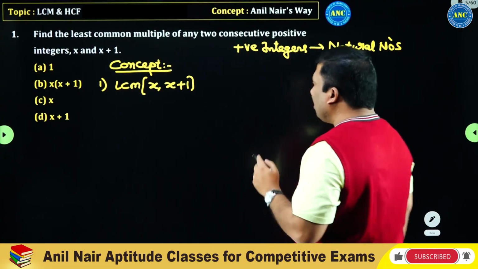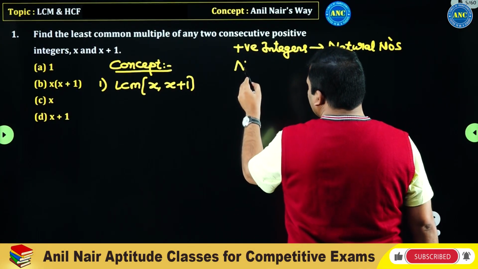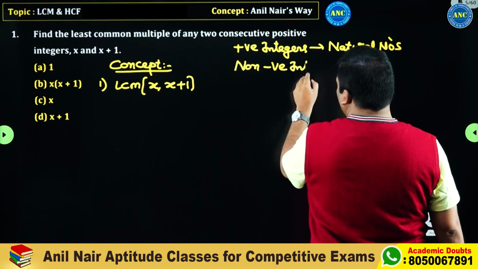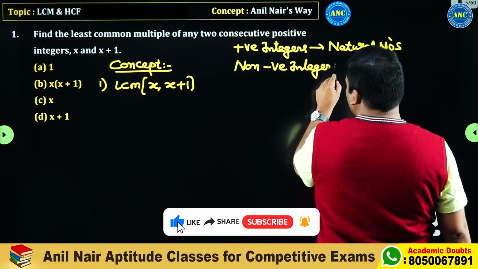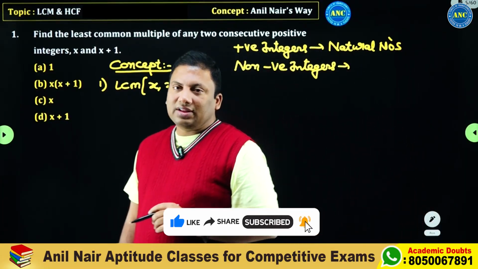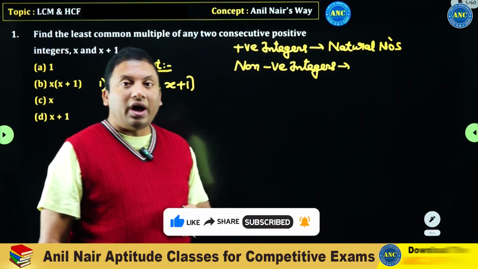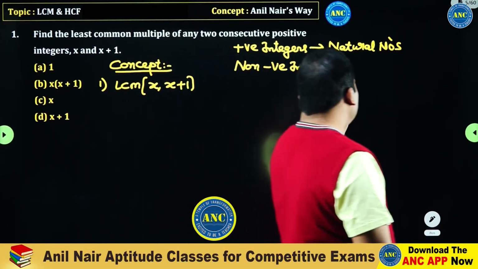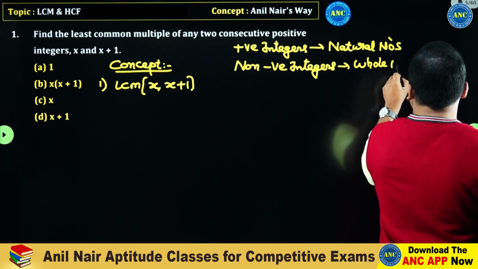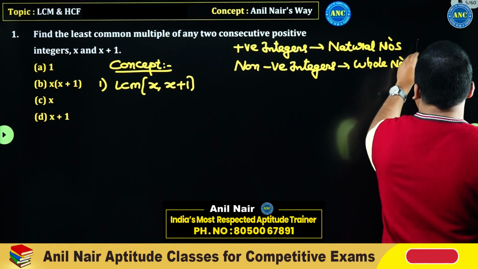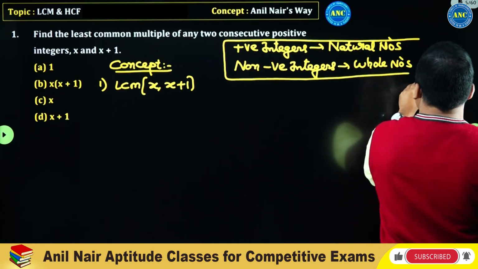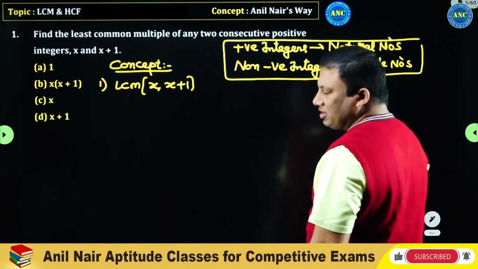When I say non-negative integers, other than negative, 0 and positive, they are called whole numbers. First clarity you should get: non-negative integers are called whole numbers. Positive integers are called natural numbers.